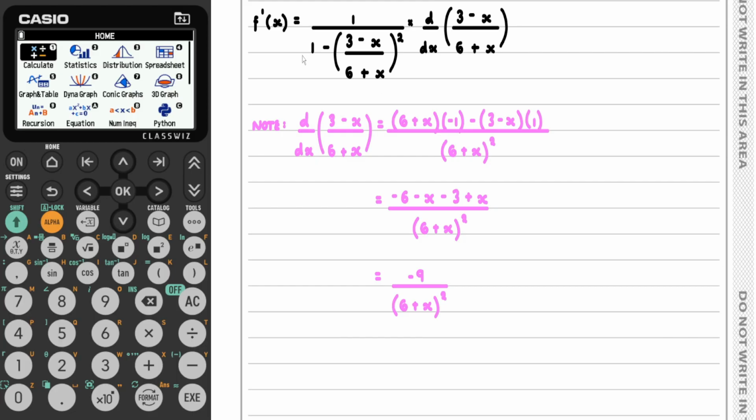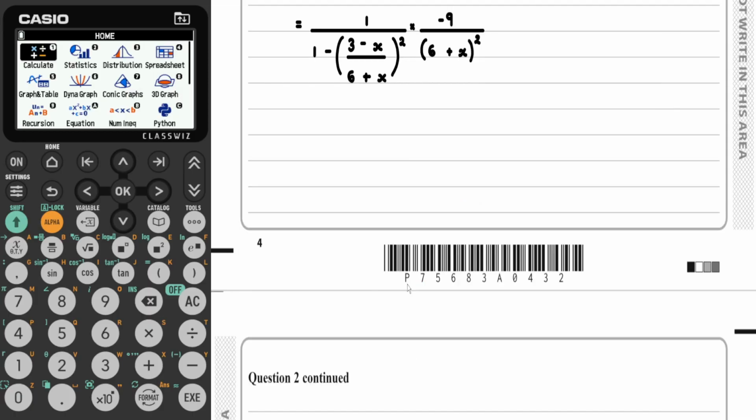And so f dash of x will equal 1 over 1 subtract (3 subtract x over 6 plus x) squared, multiplied by the derivative of 3 subtract x over 6 plus x, which we worked out to be negative 9 over 6 plus x squared.